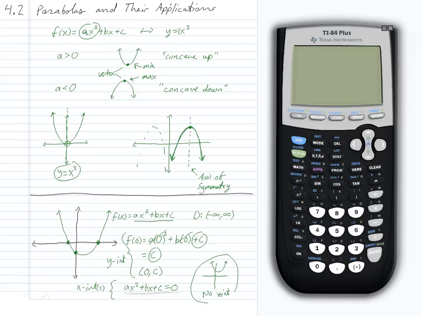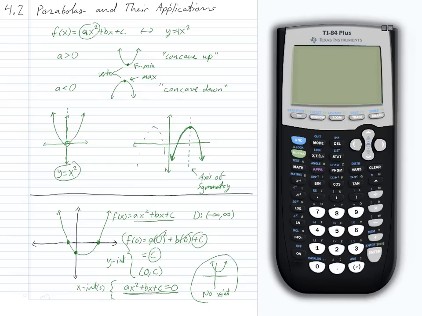Alright, so once we set up that quadratic equation, we can use all of our usual solution techniques from the previous section to try to solve. We could initially examine the discriminant to determine whether there even are x-intercepts, in other words, solutions to this equation.